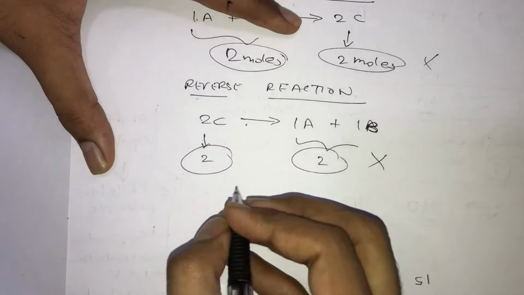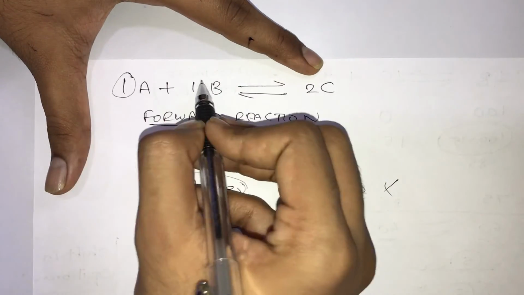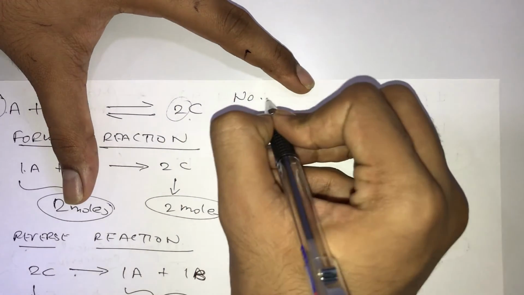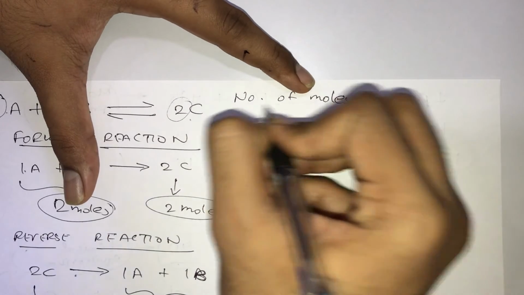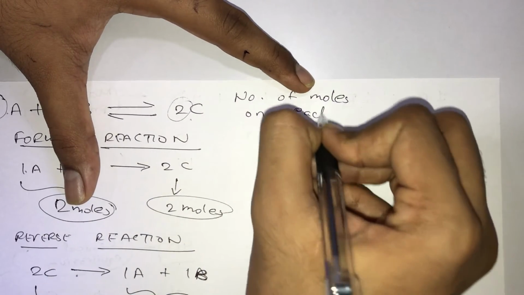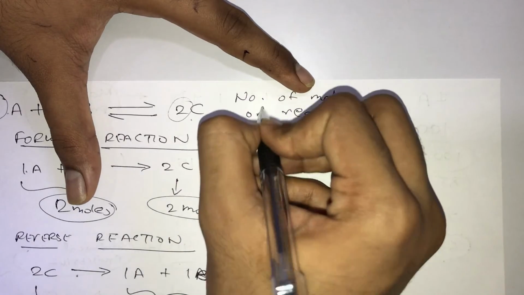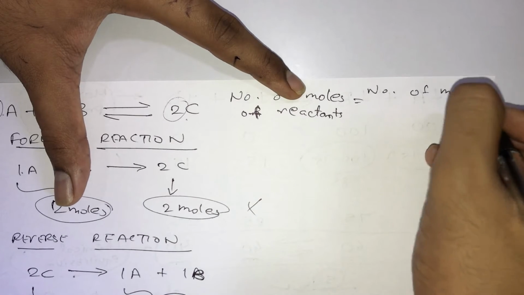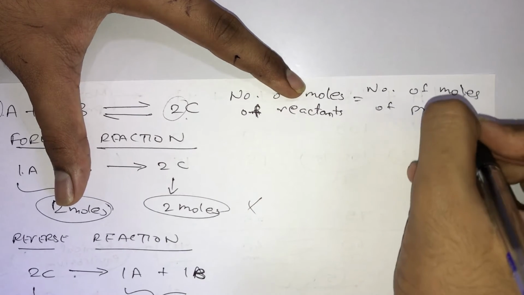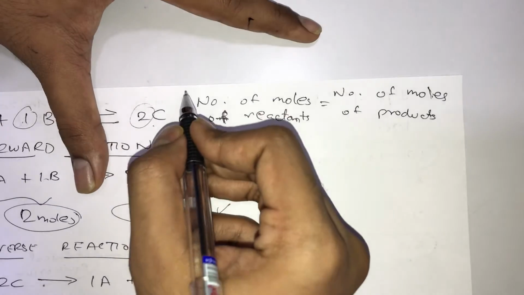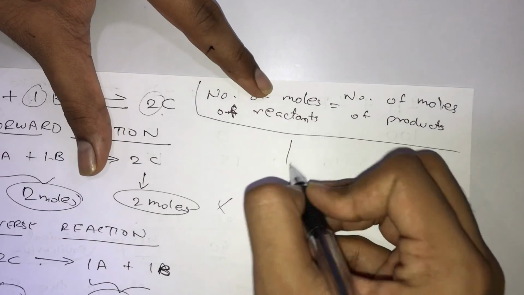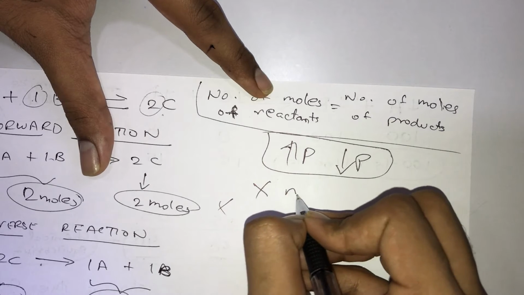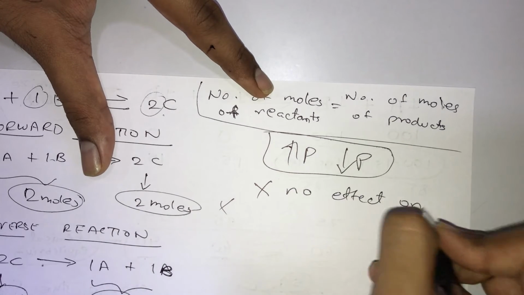Now, can I see over here that the number of moles on the reactant side is equal to the number of moles on the product side? Let me write over here. If the number of moles of reactants is equal to the number of moles of products, then only when this condition is satisfied, whether you increase the pressure or decrease the pressure, there will be no effect on equilibrium.